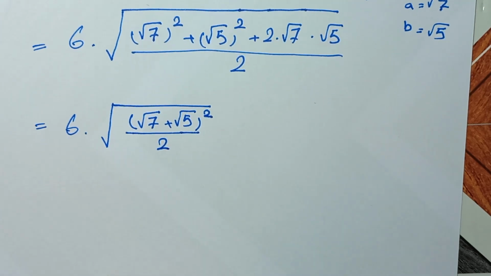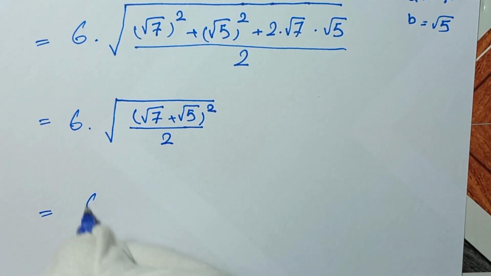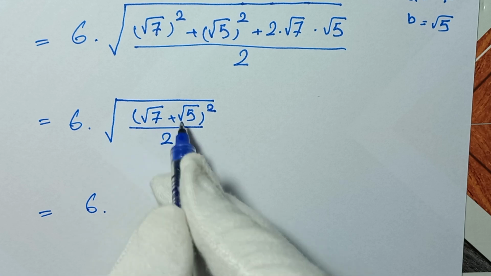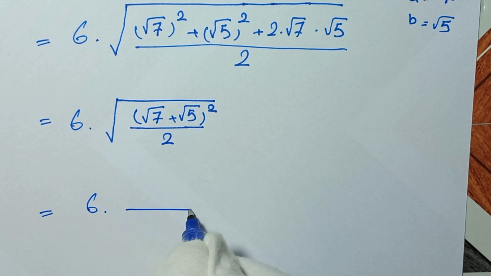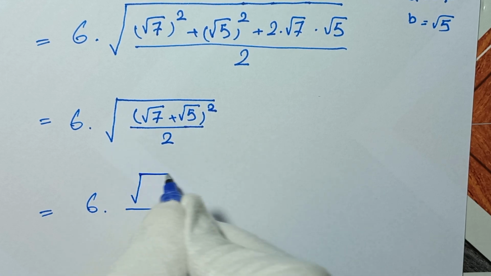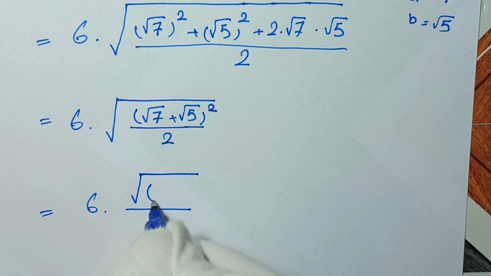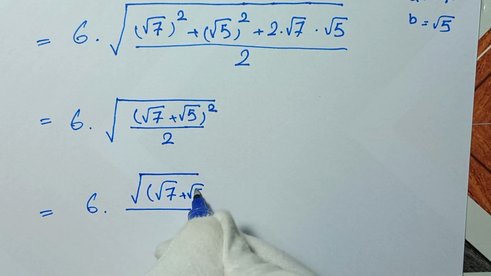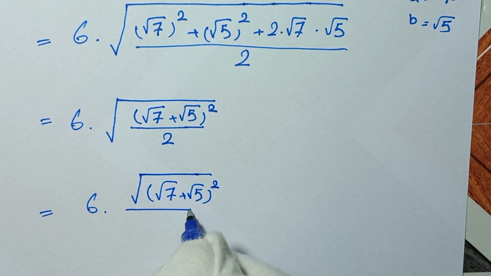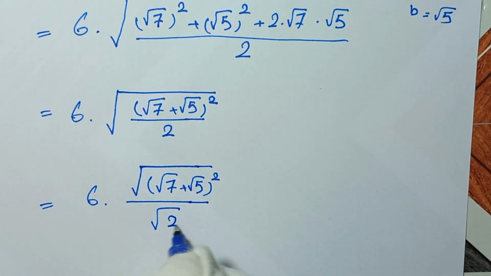So this equals 6 times, separating this fraction, the square root of the square root of 7 plus the square root of 5 to the power of 2, over the square root of 2, right?